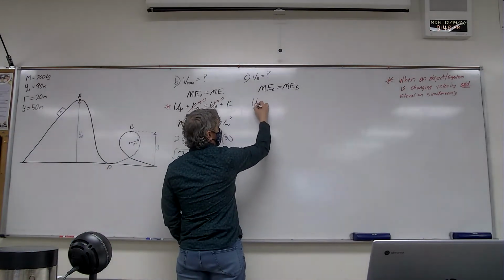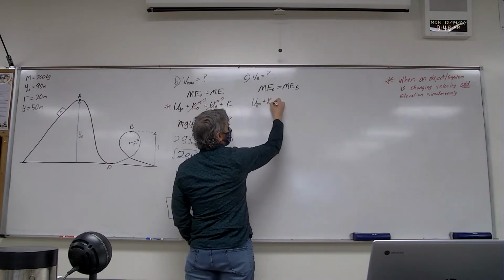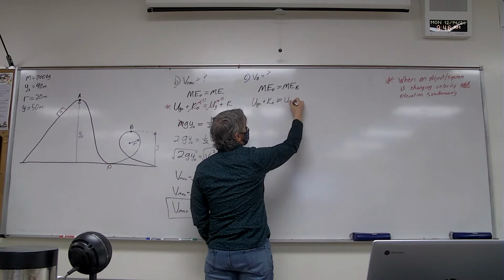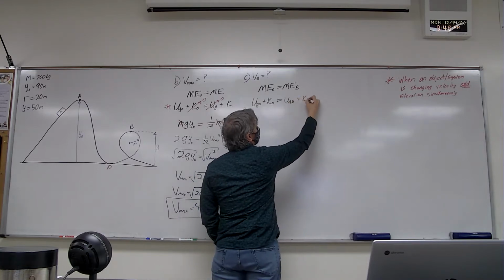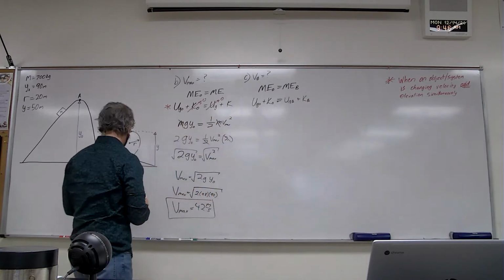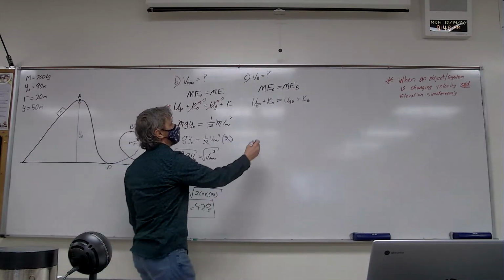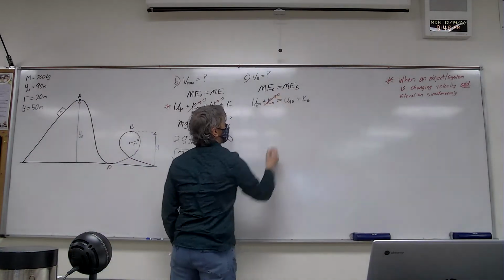So expanding this all the way out, initial gravitational plus initial kinetic equals the gravitational at point B plus the kinetic at point B. I start with 0 kinetic energy because I started from rest.